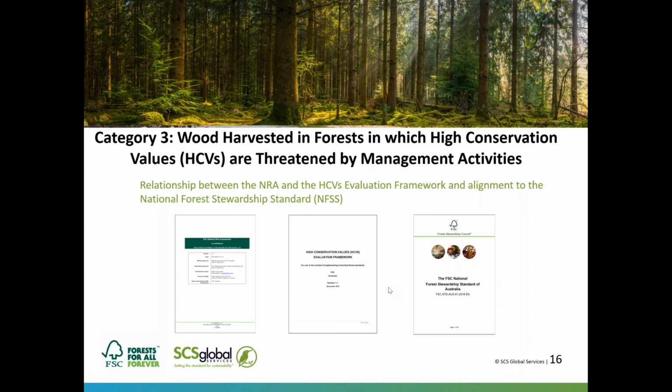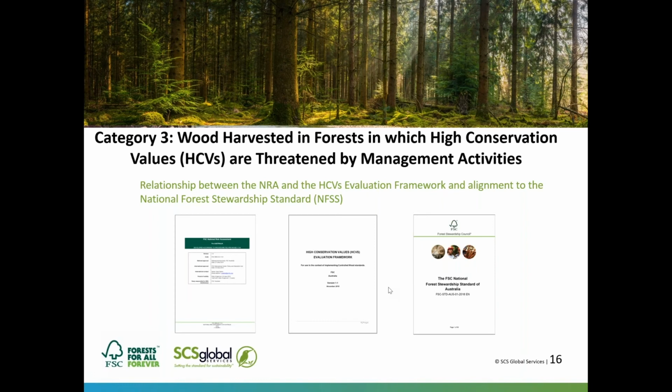For the evaluation framework, it's very much looking at implementation of recommended and mandatory control measures around particular values, in the absence of having that broader framework for managing values, which would give you full forest management certification for those areas.